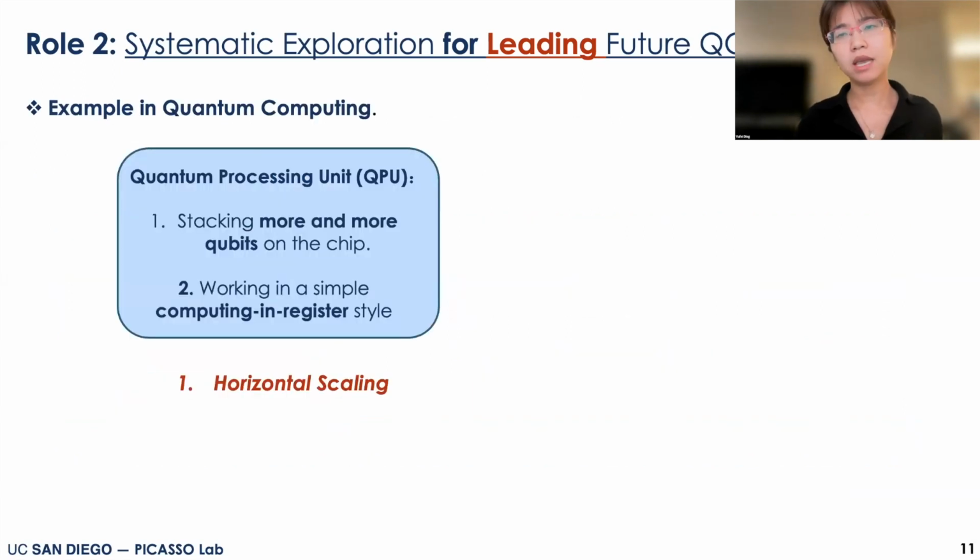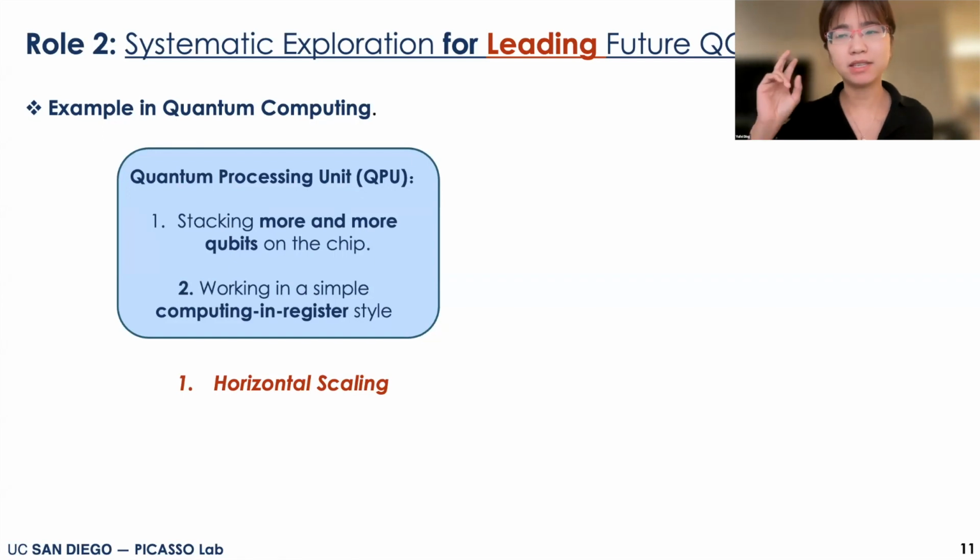In particular, I want to mention that nowadays quantum devices still envision horizontal scaling, meaning that we want to pack more and more qubits onto the same chip. And the working style for quantum computing is more like a register style. So we do not really even have this kind of memory hierarchy.